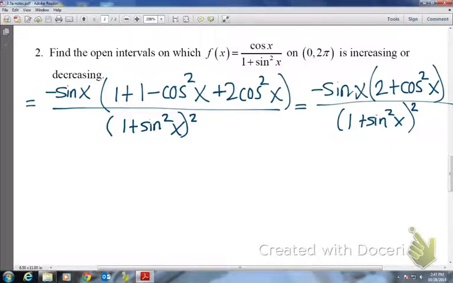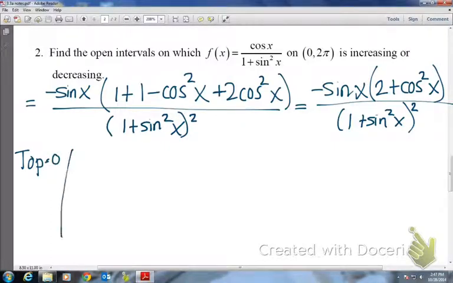So all that we did there was find the derivative, because we were still looking for those critical points. So remember, to find the critical points, we need to find out where the derivative is equal to 0 or undefined. So I'm first going to find out where the derivative is equal to 0. The derivative is equal to 0 where the top is equal to 0.